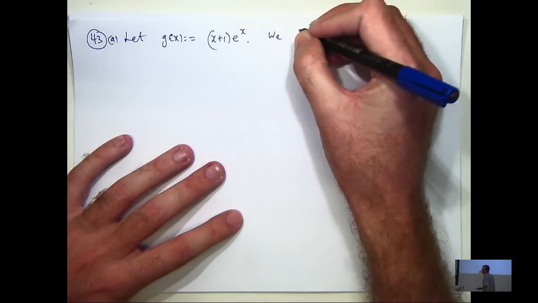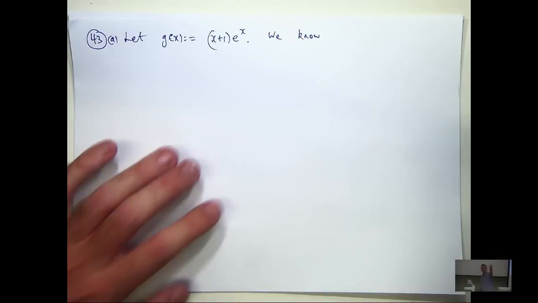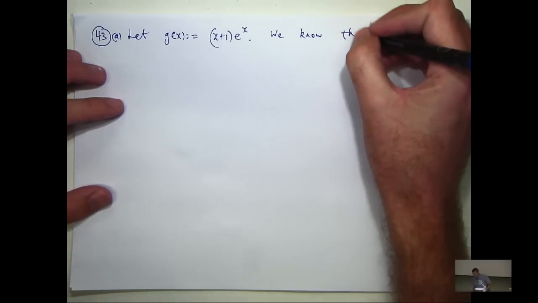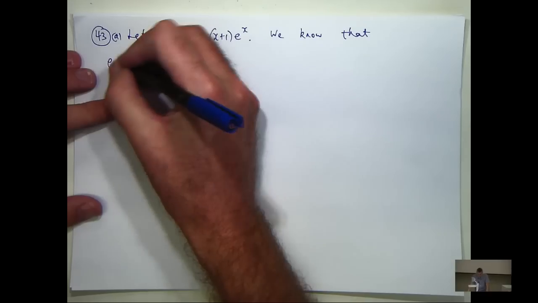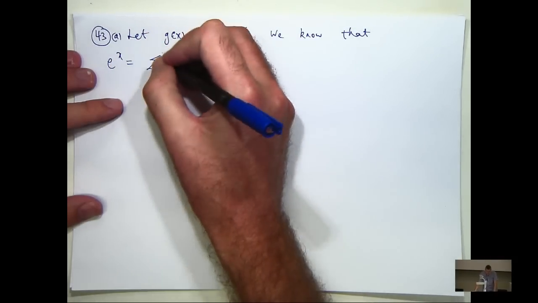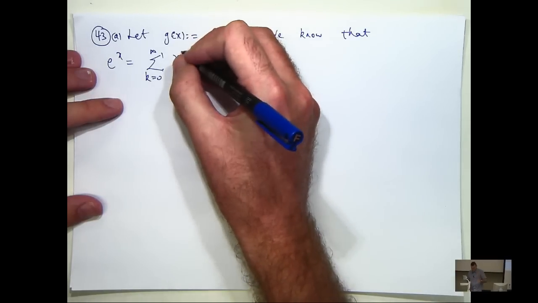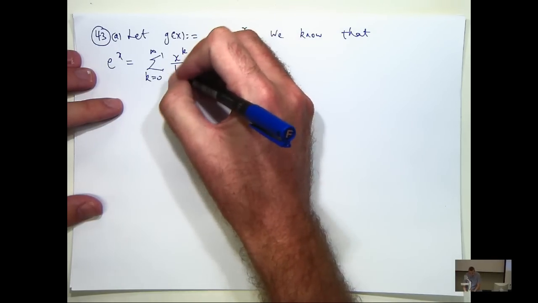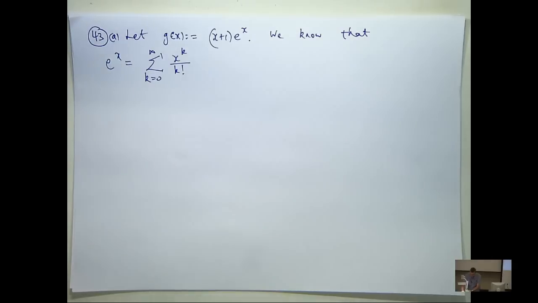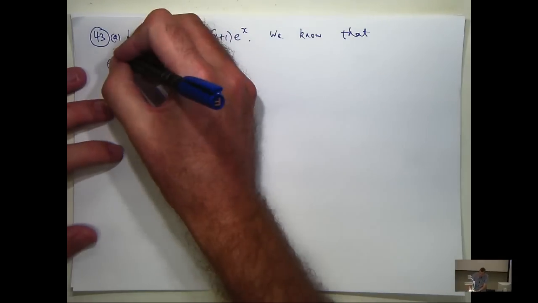We know that. The Maclaurin series, which you should know straight off, is just this. So it involves powers and factorials, right?